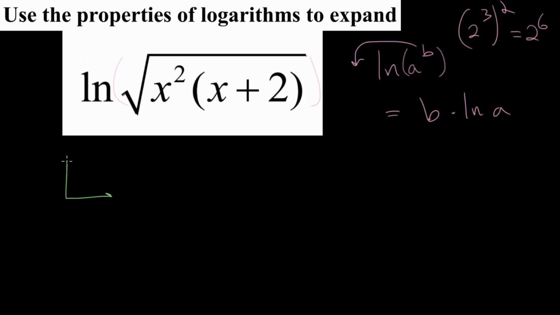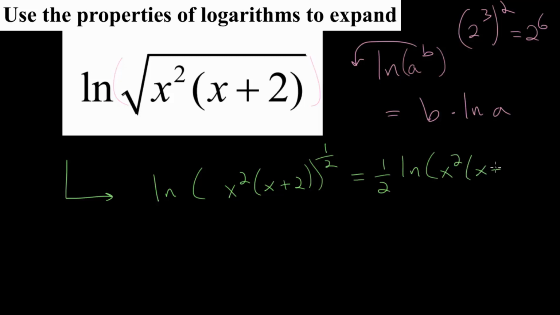We can rewrite this as the natural log of x squared multiplied by x plus 2, and all of this is raised to the 1/2 power since we're dealing with a square root, and since we're taking a second root, the exponent will have a 2 in the denominator. The denominator of our exponent, remember, deals with what root we're taking. So to start, we can just bring this 1/2 out in front. We have 1/2 the natural log of x squared multiplied by x plus 2.